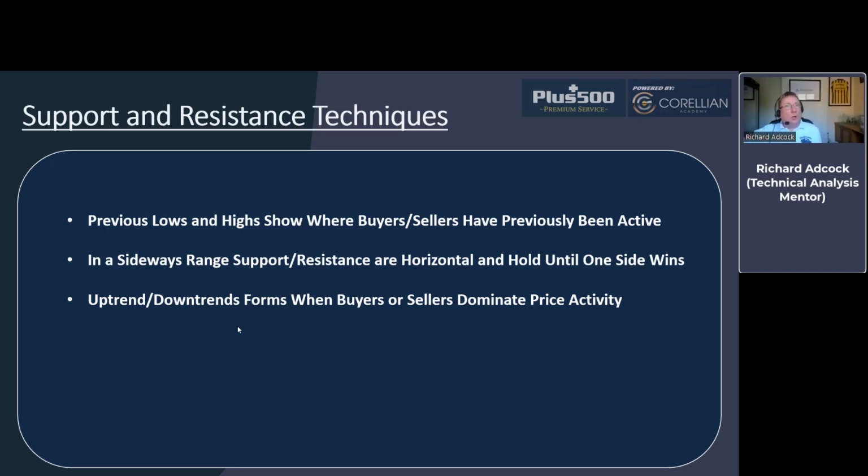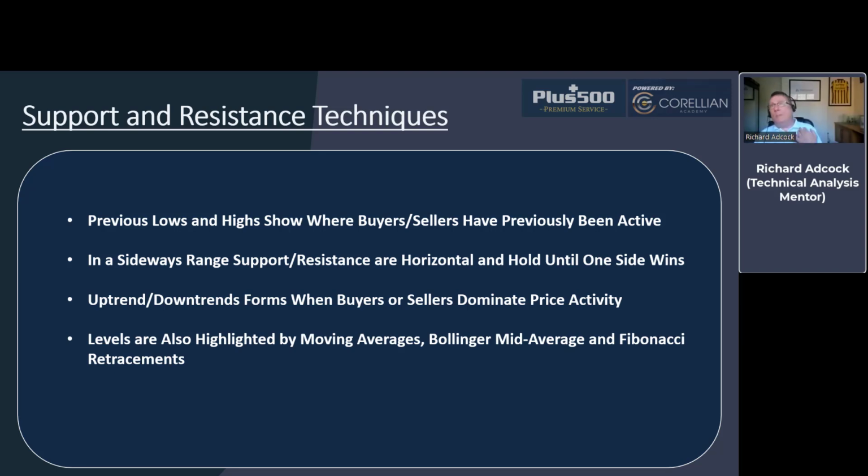As long as we see this pattern of lower highs and lower lows within a downtrend, or higher highs and higher lows within an uptrend, we know that the market is trading with a directional bias, be it to the upside or the downside. That can be quite important when we're looking at support and resistance levels within that trend.